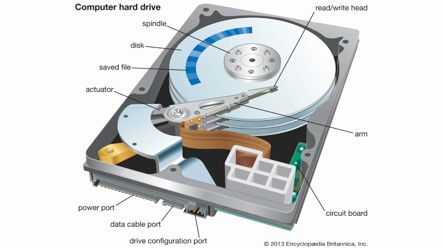You can see a stack of platters in the middle, mounted inside the hard disk drive and coated with magnetic material. Normally this is a closed unit to protect from dust and all that.